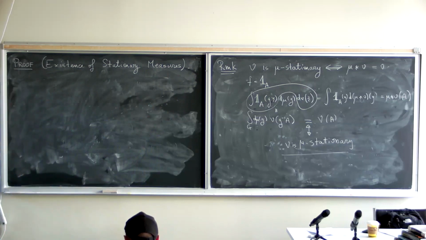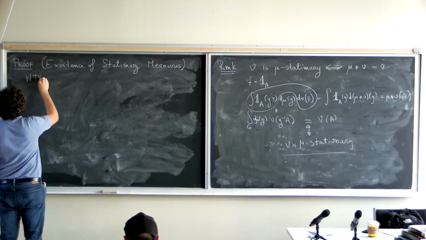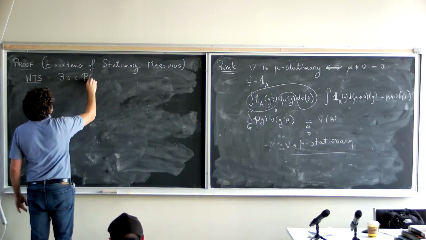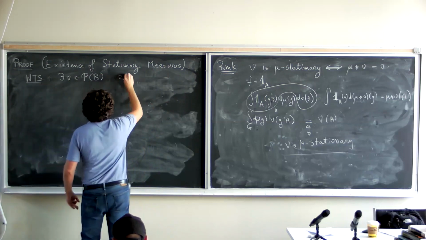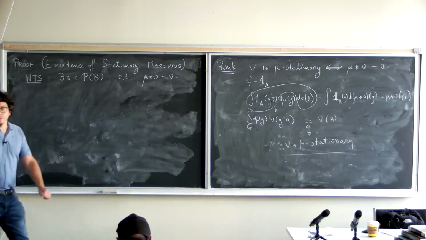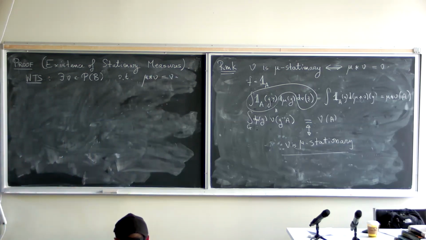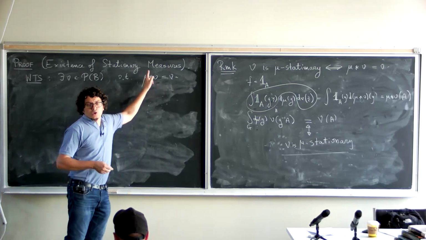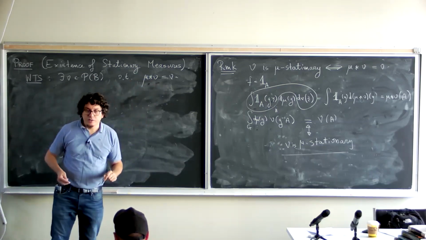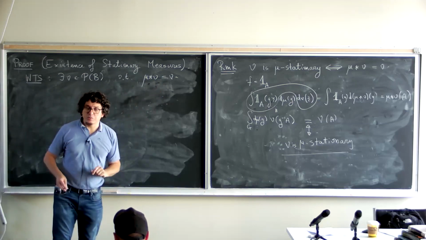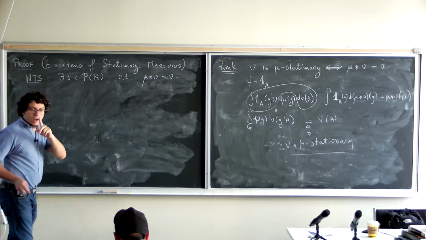We want to show that there exists some measure nu in the space of probabilities for V such that mu star nu equals nu. And the classic idea of such fixed point theorems is that you iterate this operator, the convolution operator, until you get a fixed point. But if you just iterate in a simple way, you might not get a fixed point. So you have to average once again.